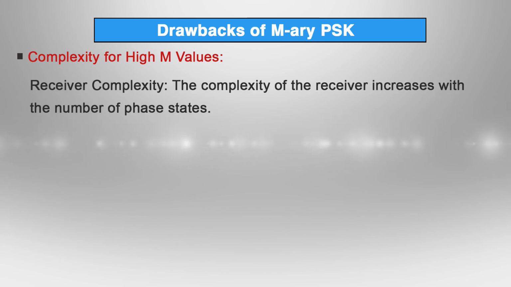Now, next is the complexity for high m values. The complexity of the receiver increases with the number of phase states, as it needs to accurately detect the phase of the received signal, especially in the presence of noise and fading.